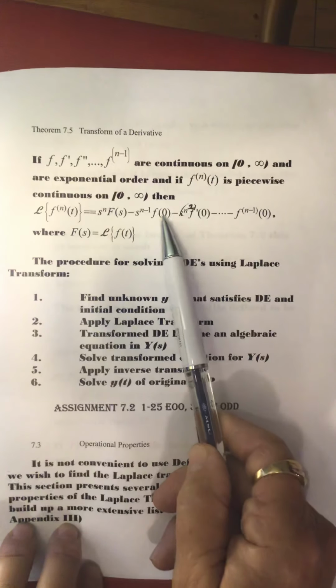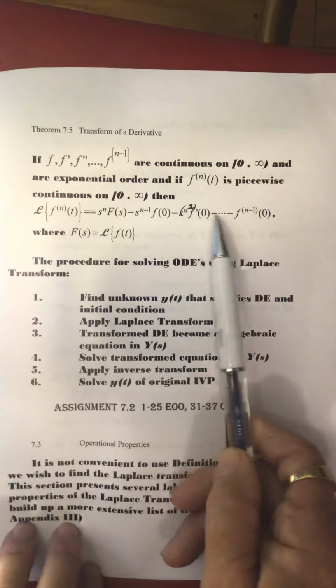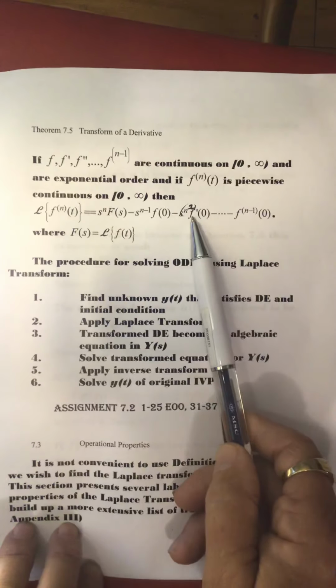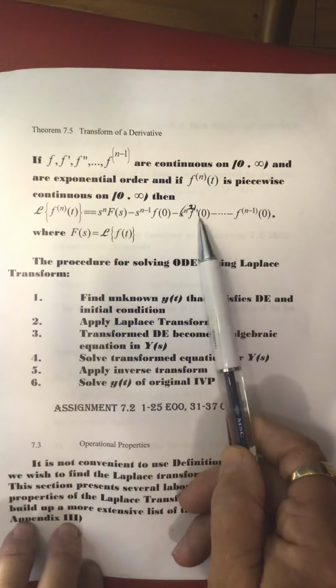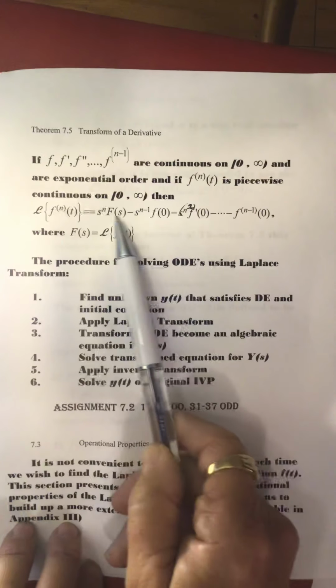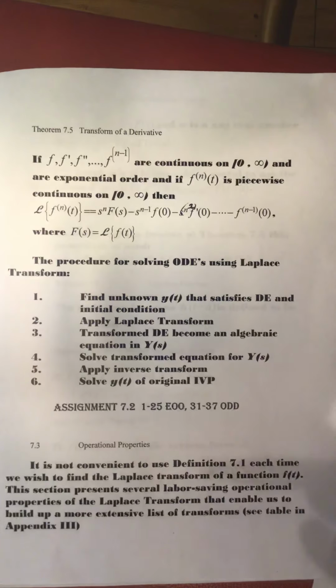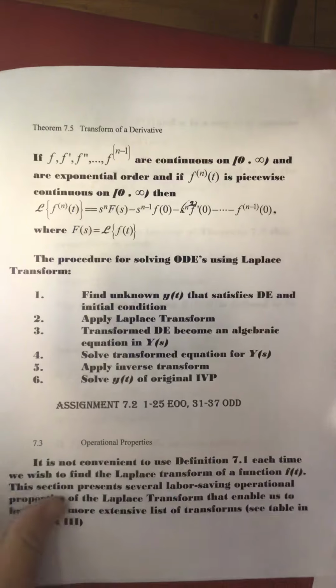So that initial value needs to be given. And then s to the n minus 2 times the function's derivative value, and so forth. We're not going to go very far with that. We'll start with limited ones. But we first need to make sure we understand how to do the inverse Laplace.